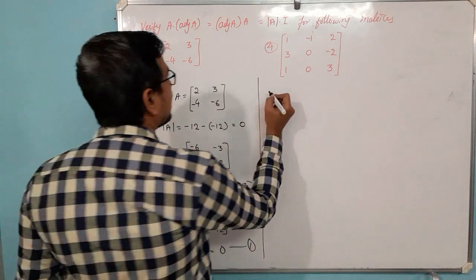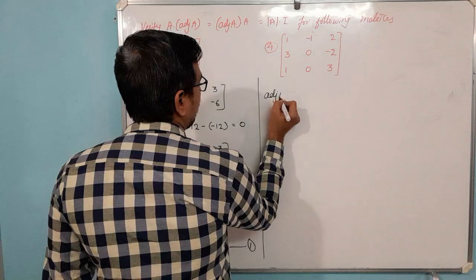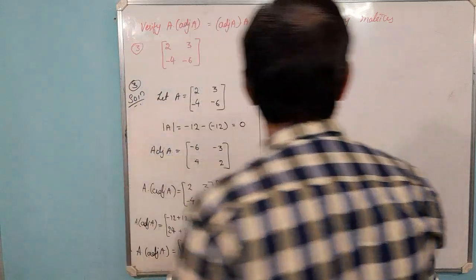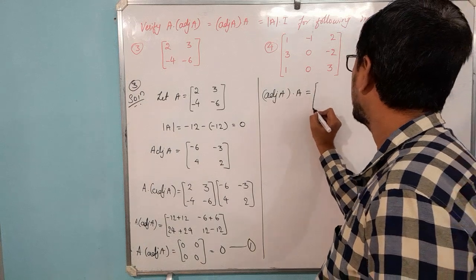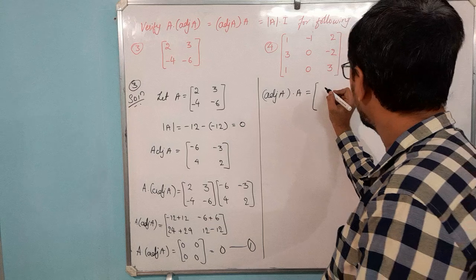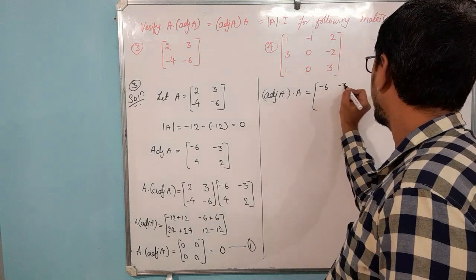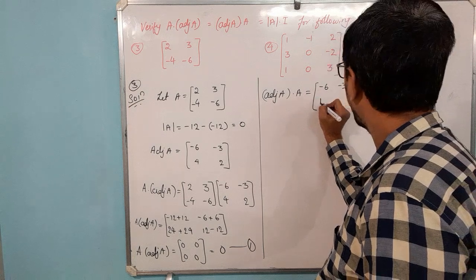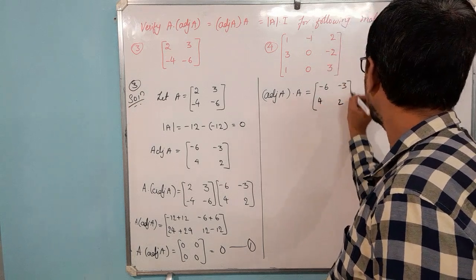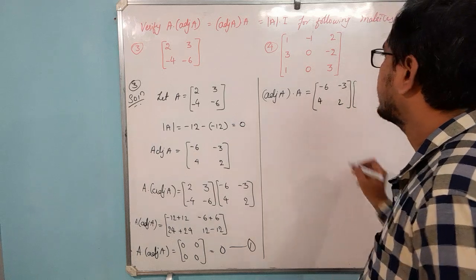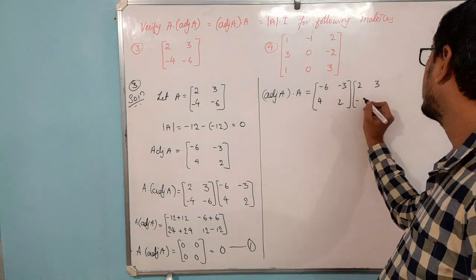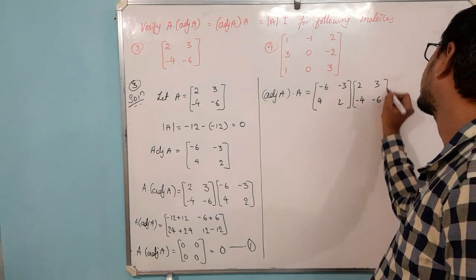Now adjoint A into A. Adjoint A is minus 6, minus 3, 4, 2, and A is 2, 3, minus 4 and minus 6.